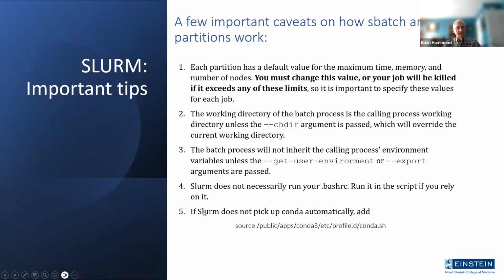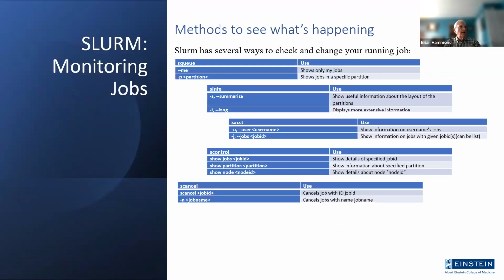And sometimes for some people, the way that their bash RC and profile work, it interacts badly and it doesn't pick up Conda. So if you're having trouble seeing Conda, you can just source the conda.sh file that sits under the Conda directory, and it will fire up Conda for you. Okay.